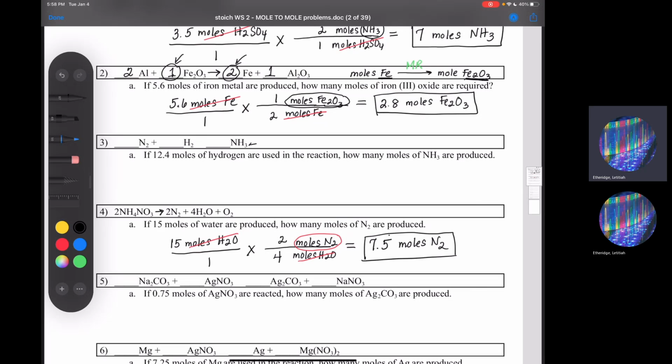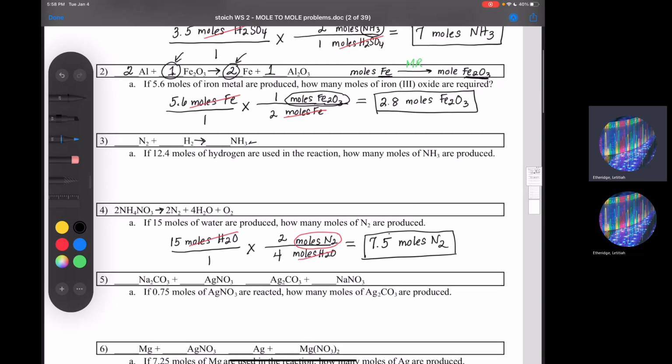So first things first, let me correct my little formatting business going on here. 3's and 2's, I have a 2, I have a 3, and now let's see where we stand. Okay, so it looks like I now have 2 nitrogen and 2 nitrogen, and I have 6 hydrogen and 6 hydrogen. Okay, I'm balanced. I don't know why I thought that was going to be harder.